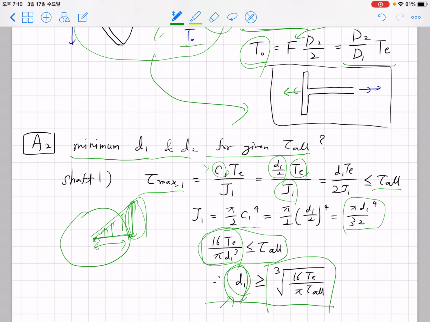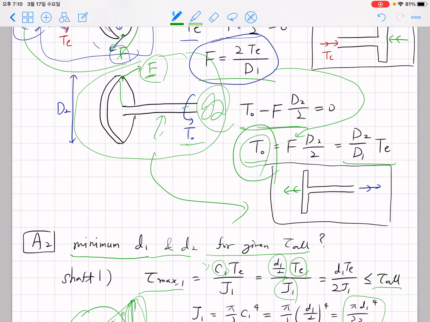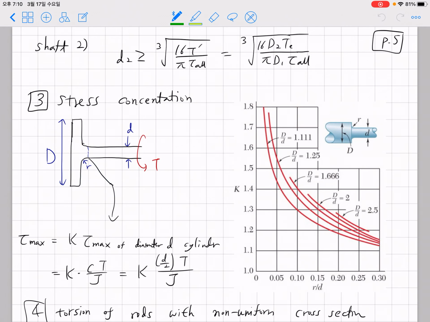What about D2? The only difference between D1 and D2 is that we are using the same material, which has the same allowable stress, but we have a different torque T0. Okay, so to solve the minimum diameter criterion for shaft 2, instead of TE we have to use T0, and T0 turns out to be D2 over D1 TE, and that's the answer for D2.